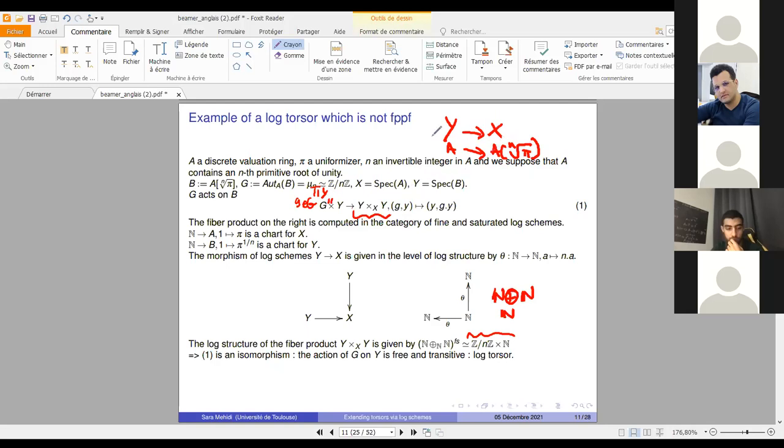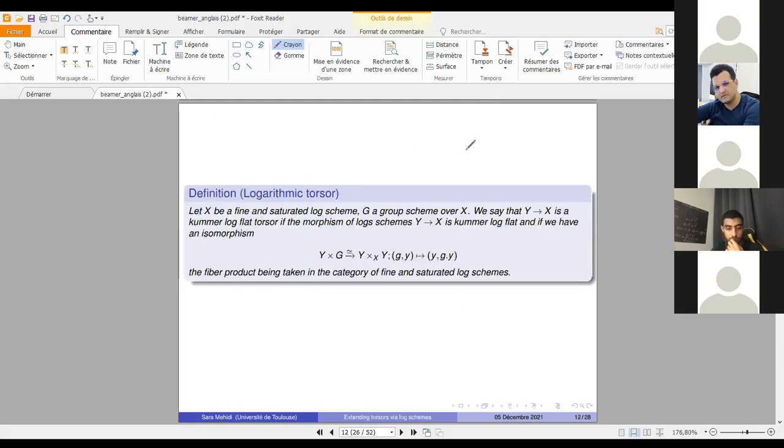So this cannot be a torsor, an fppf torsor, but this is a log torsor. And the idea here is that I have a morphism of log schemes which is ramified, and the group action is unramified, but I still have a torsor. So considering log torsors is tolerating ramification for the torsor.